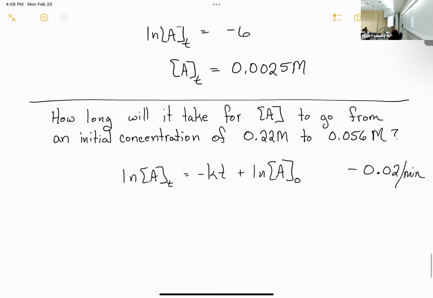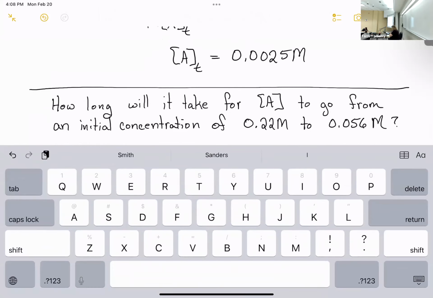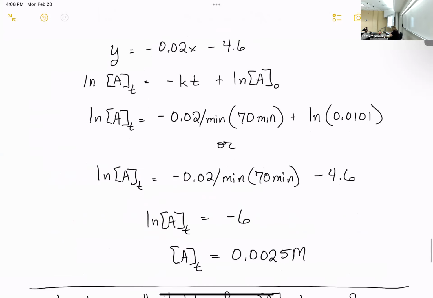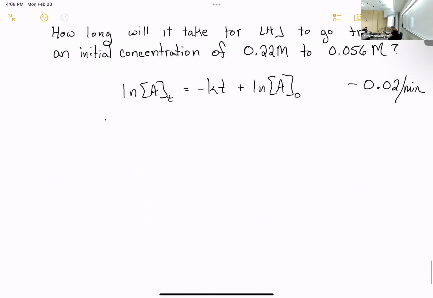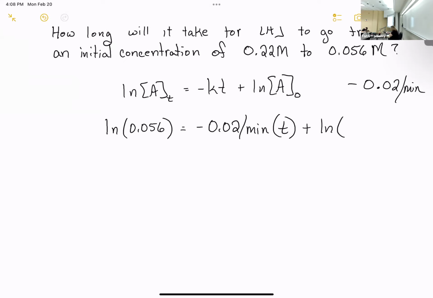So in other words, we get our natural log of 0.056 is equal to a negative 0.02 per minute times T plus the natural log of 0.22.